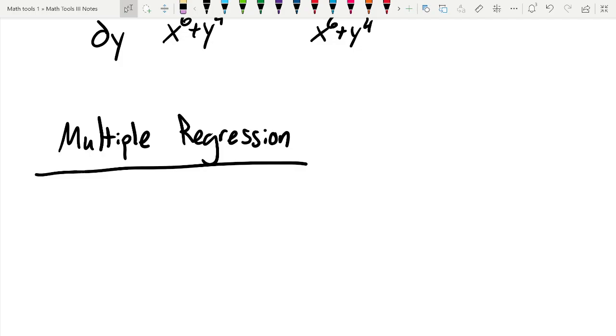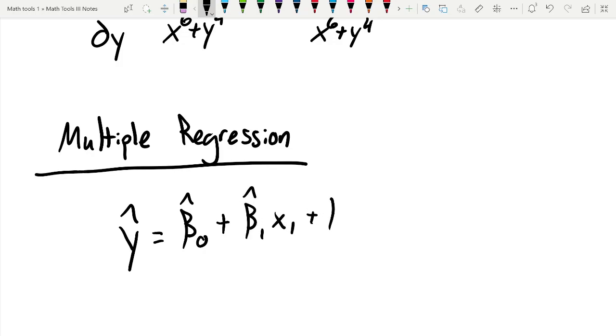So when we have a multiple regression, once we find our coefficient terms, the equation that we're looking at is y hat equals, maybe you have an intercept term, beta hat naught plus beta 1 hat x1 plus beta 2 hat x2. Okay.